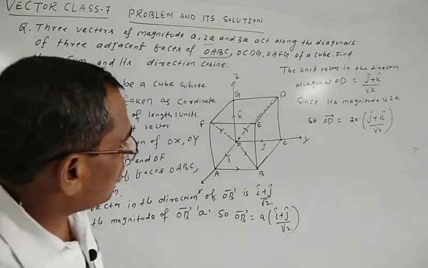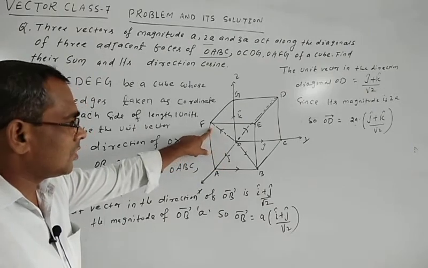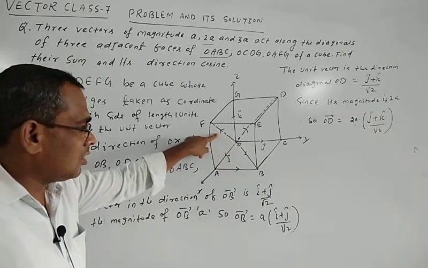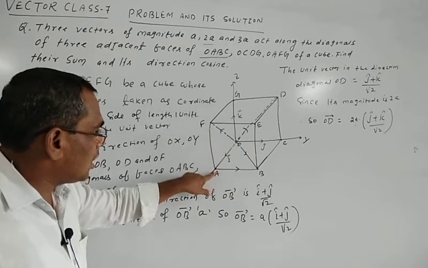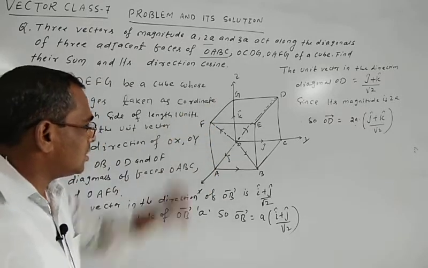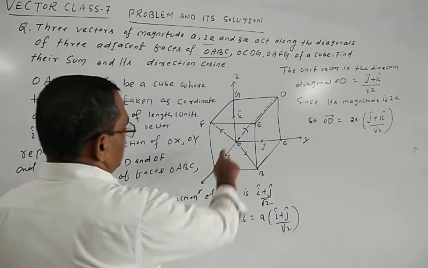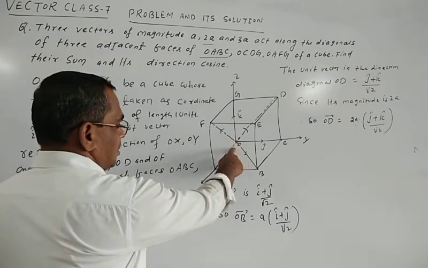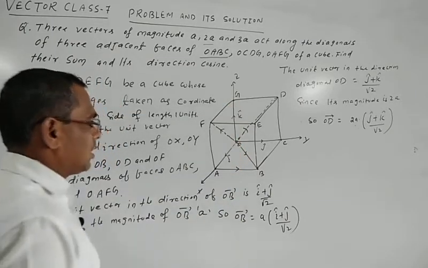the unit vector in the direction of diagonal OF. Since OF is the diagonal of face OAFG, that means it lies along OA, which is i cap, and OG, which is k cap.